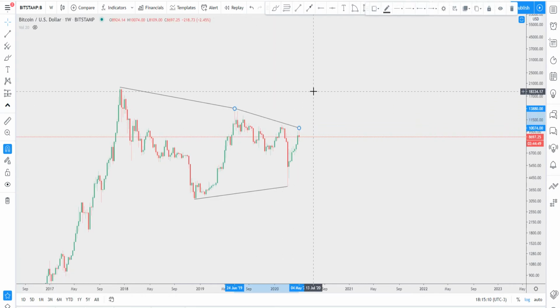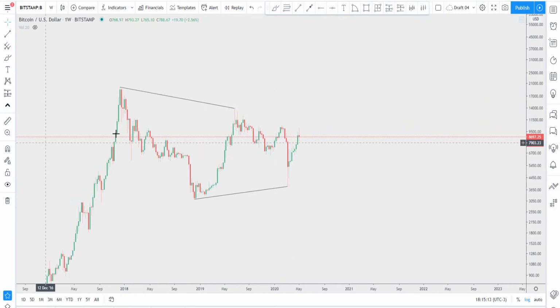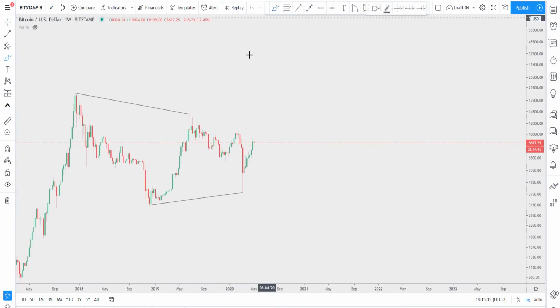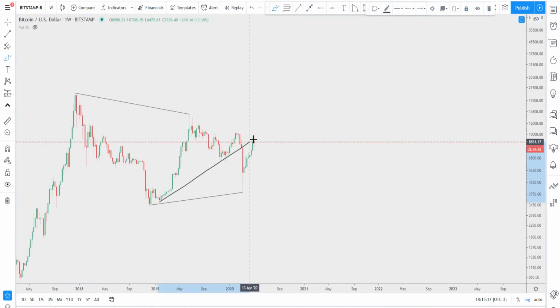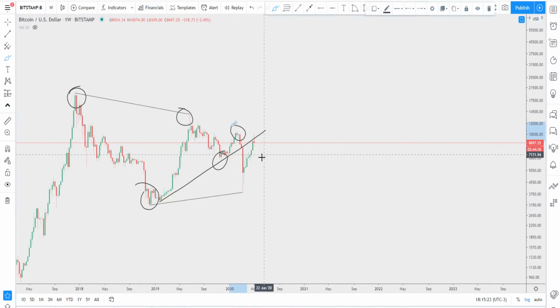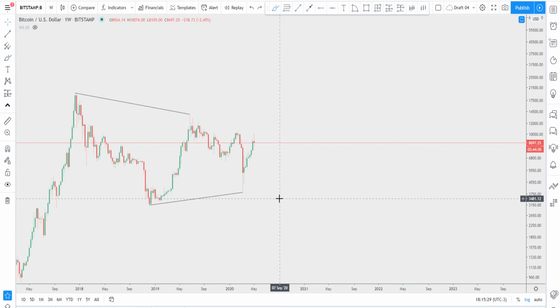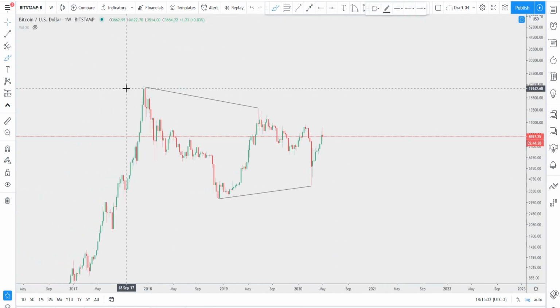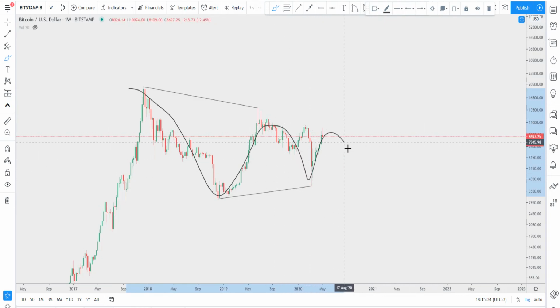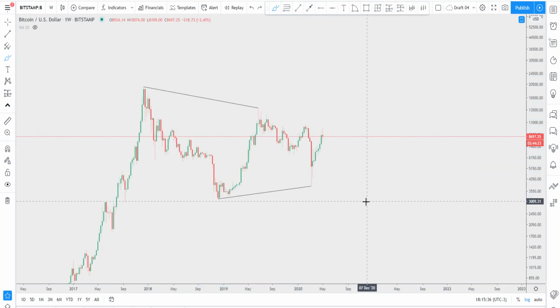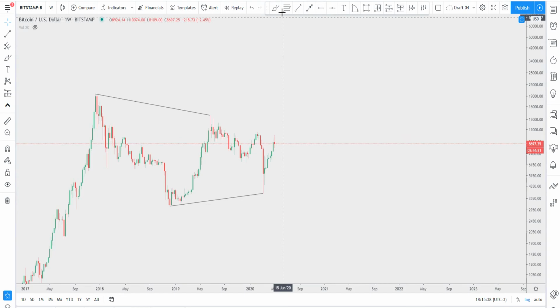And remember, back in the day we had this scenario which gave us this bullish continuation setup, and then it changed with this guy here. But the bigger picture, as you guys can see, hasn't changed.